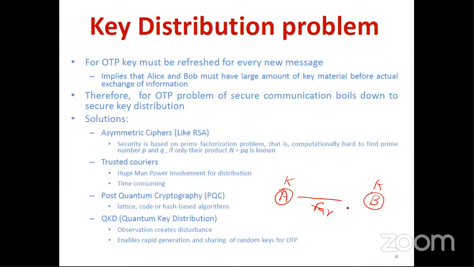The challenge is that we can use OTP. And with OTP, what was the requirement? Just to have a random key k each time to encrypt the messages. But how to distribute that key? Distribution is the challenge. If we have OTP, then we are perfectly secure.